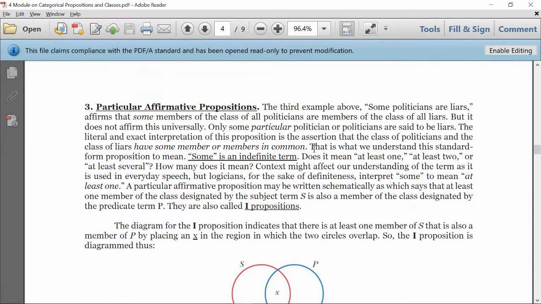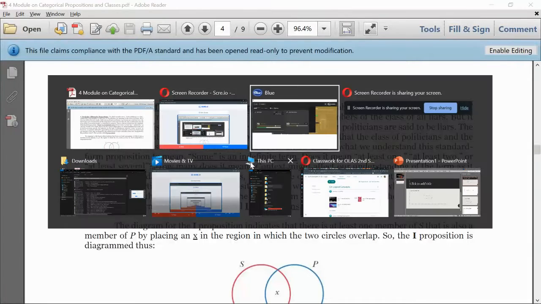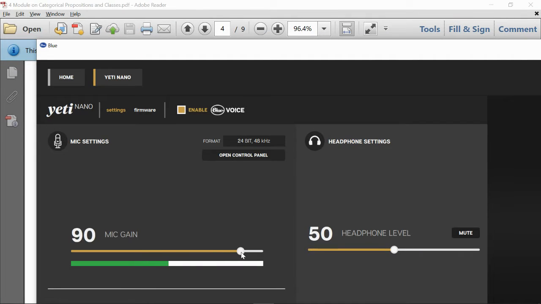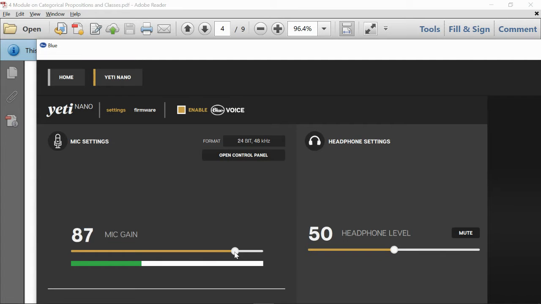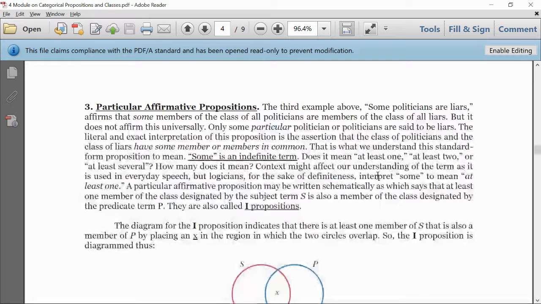form proposition to mean. Some is an indefinite term that sometimes can mean 2, 3, or 4. But in other words, it's just some members, just a part of the class, not all. You don't have to worry whether it is one politician, two politicians, three politicians. Just use the word some.